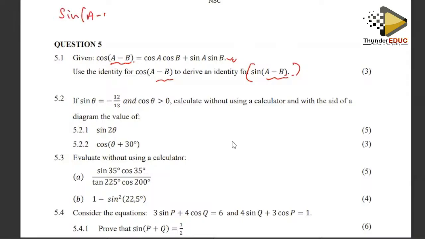So I'll say the sine of A minus B is going to be the same as the cos of 90 plus A minus B, something like this. Okay, is it a minus or a plus? I think it has to be a minus, no?